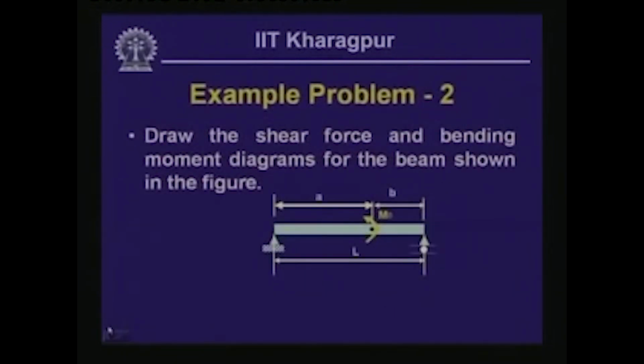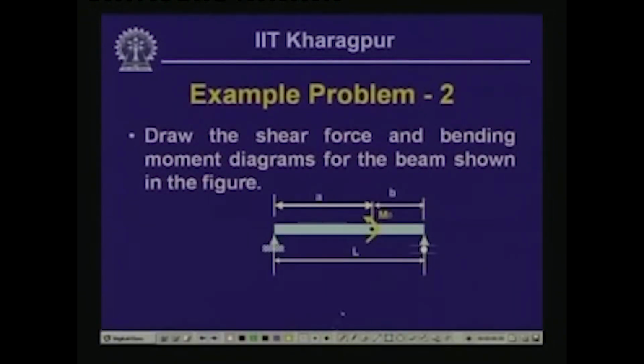Well, now let us look into another example where we have a concentrated moment. Now, we will have to draw the shear force and the bending moment diagram for this particular beam, where we have a concentrated moment which is at a distance of A from the left end A, and this is B, and from this point up to the point B, it is b.